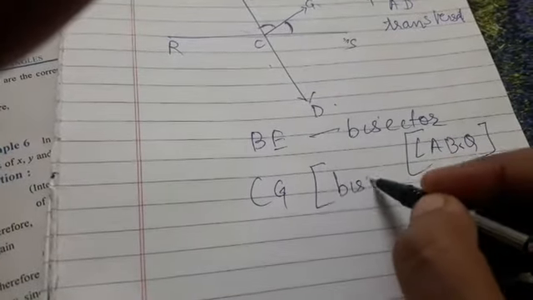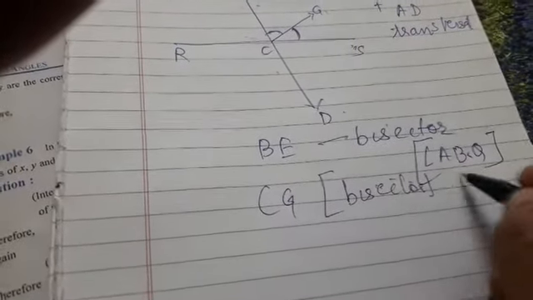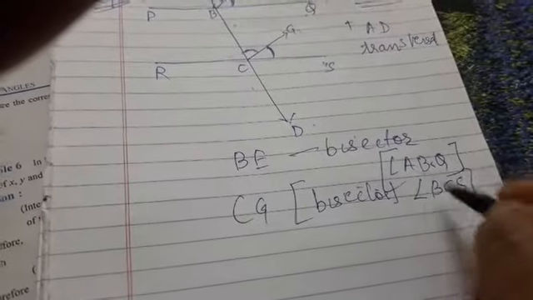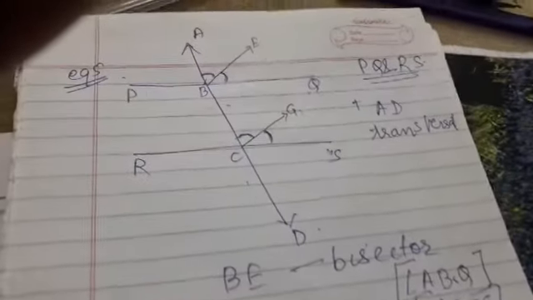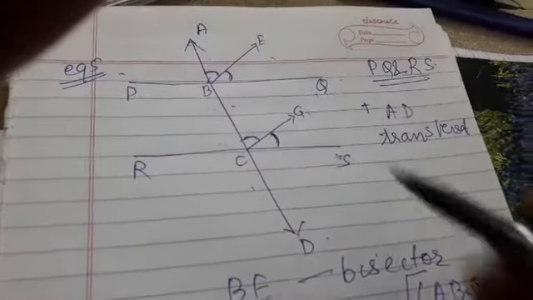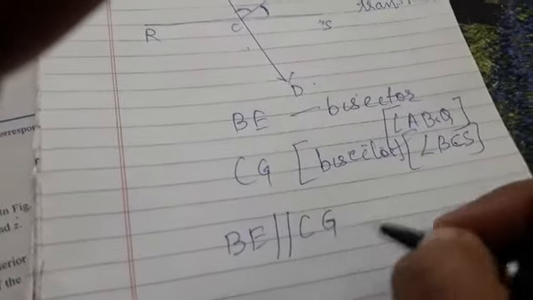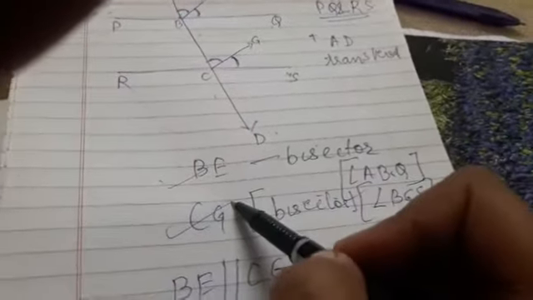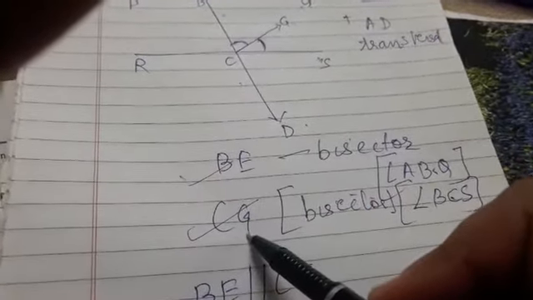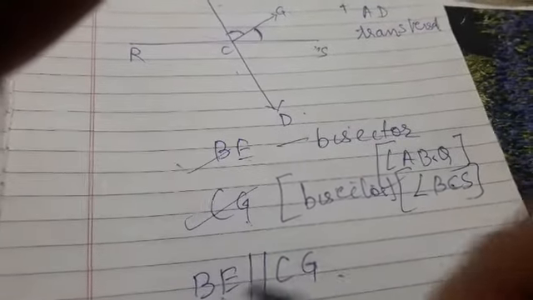It is a bisector of angle BCS. One more point is given: BE is parallel to CG. So we have two points for BE and CG: they are bisectors, and they are parallel to each other.